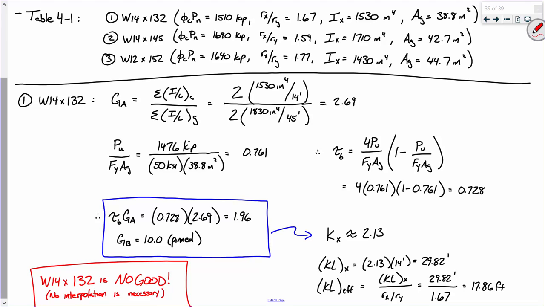Okay, what are they? No, what are the numbers? See, do you see where I'm getting? This is our effective length, so to interpolate it would have to be between 1410 and 1370. Regardless of what the value is, it's less than Pu. Pu is 1476. So that's why I'm saying this column is no good.